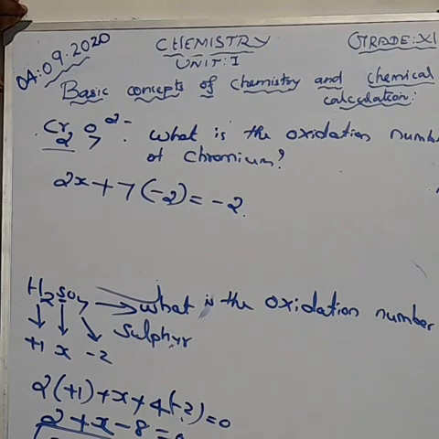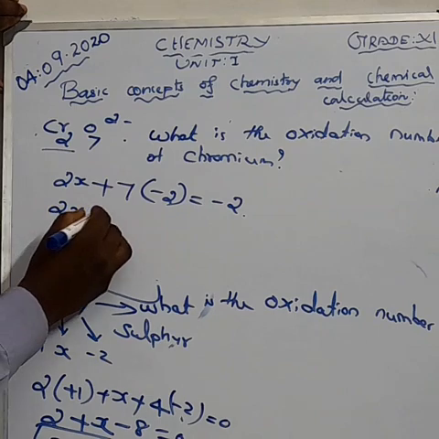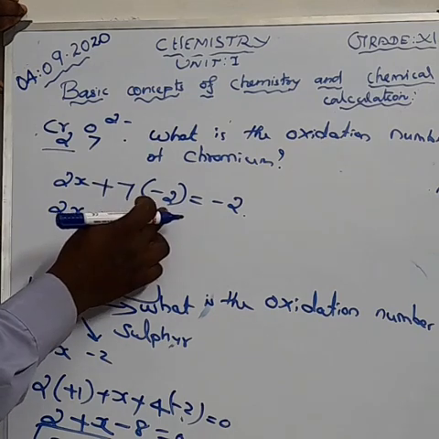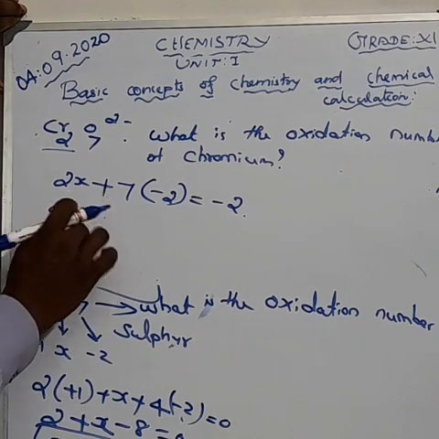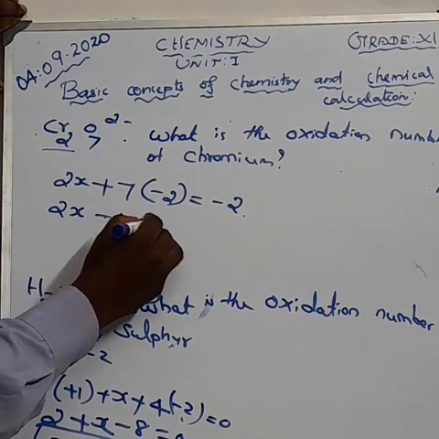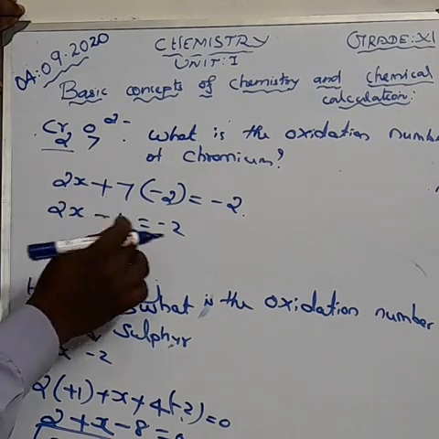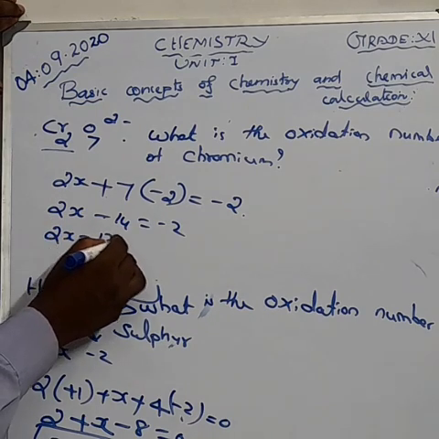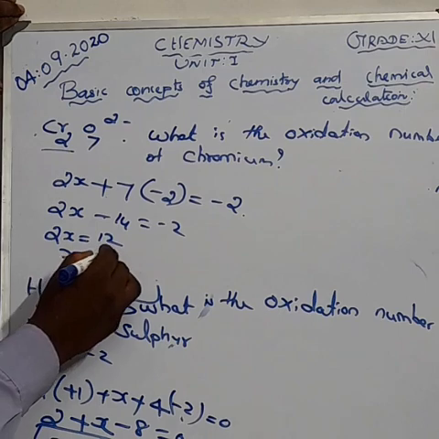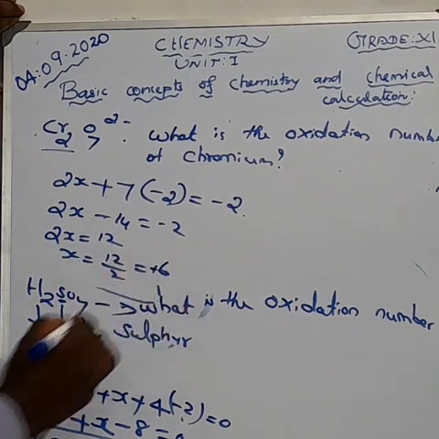So how do you write? 2x plus 7 into -2, which is -14, equals -2. So 2x equals 12, and x equals 12 by 2, which is 6.